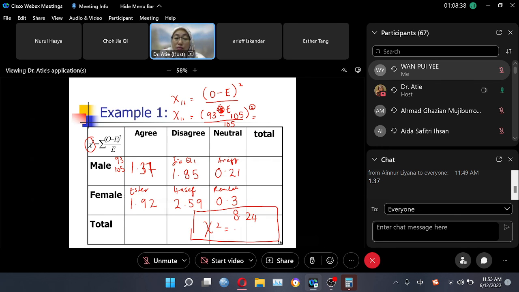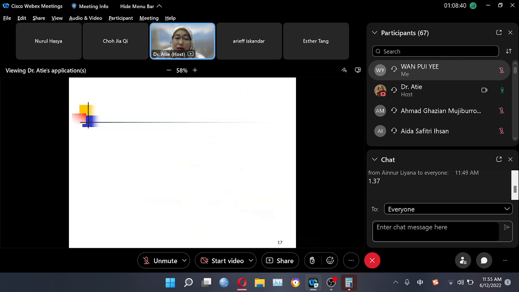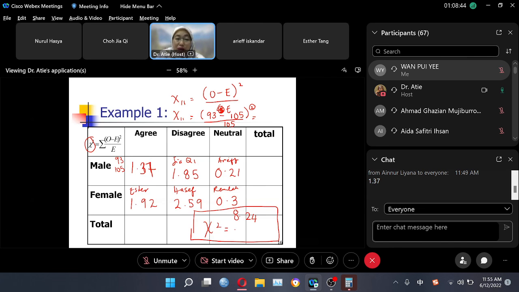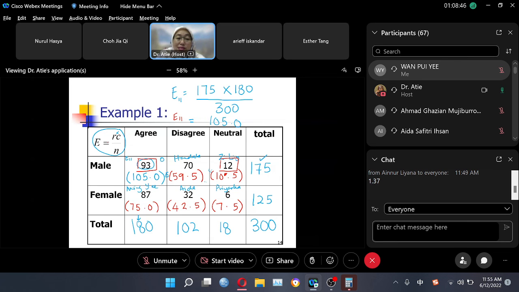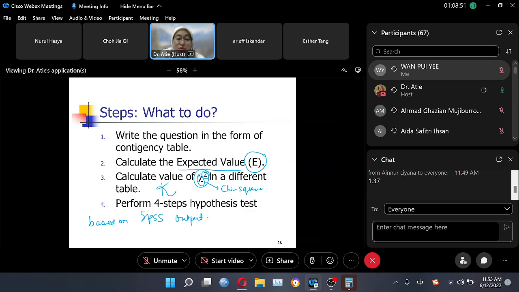Right. So now we have calculated the E. Remember, this is the step. We already did this one, and we also found the chi-square value. The last one is to perform the 4 steps of the hypothesis test.